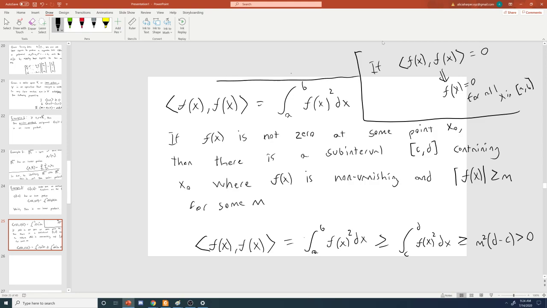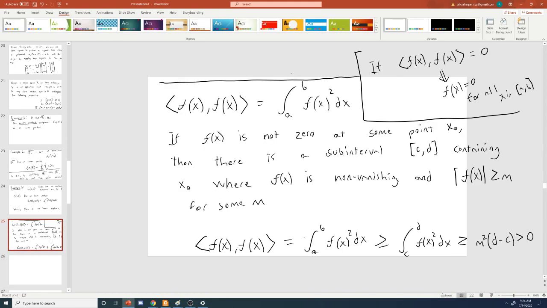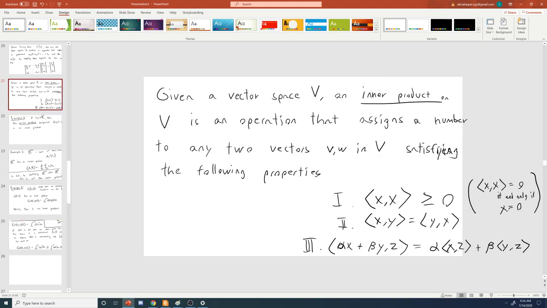And you can also see right away that because you're integrating a positive thing, namely the square of a number from a to b, we in fact always have that this is greater than or equal to 0. So this completes our verification of the first property of an inner product.